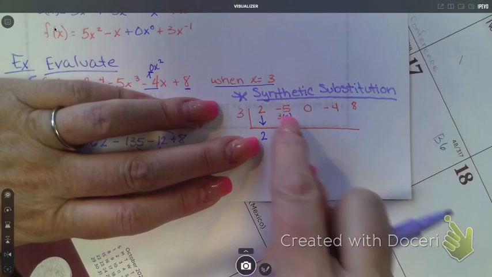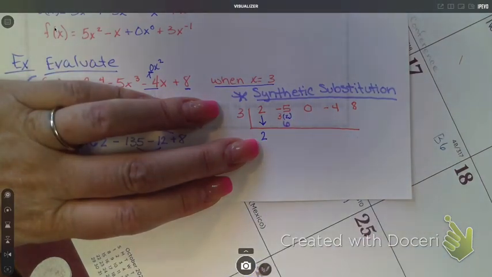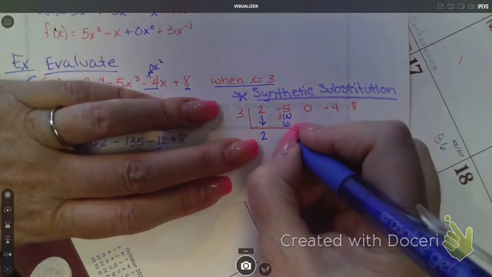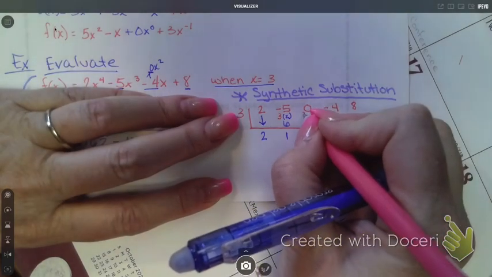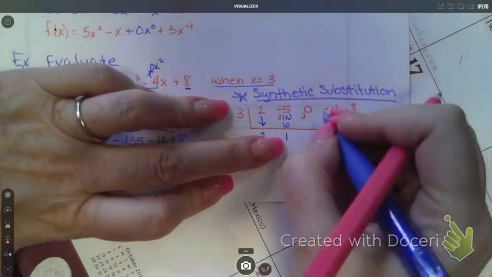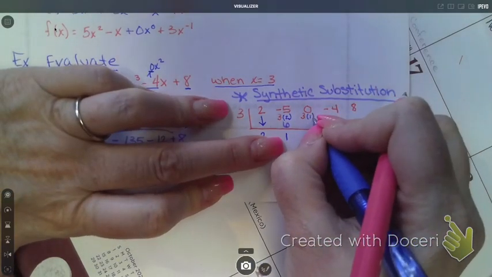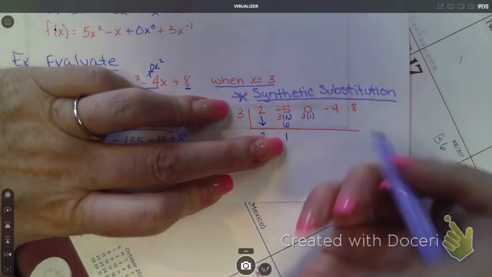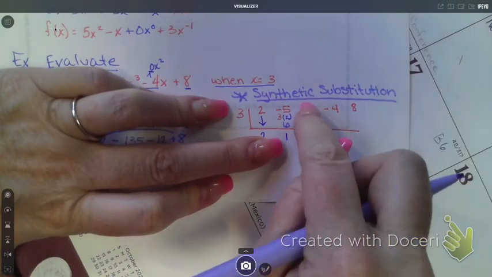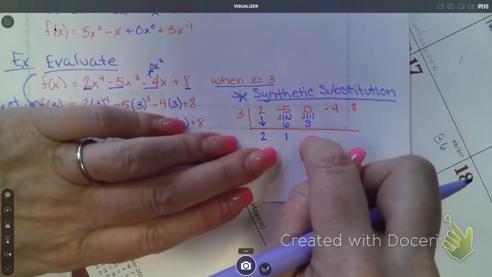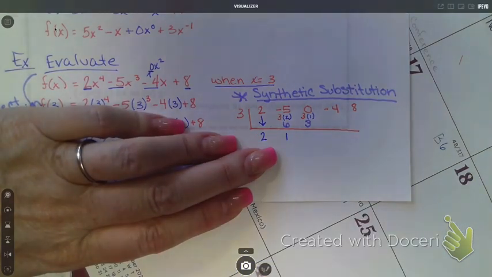And so you have -5 and 6, so you get 1. So then you take your 3 times your 1, which is 3, and 0 and 3 is 3.